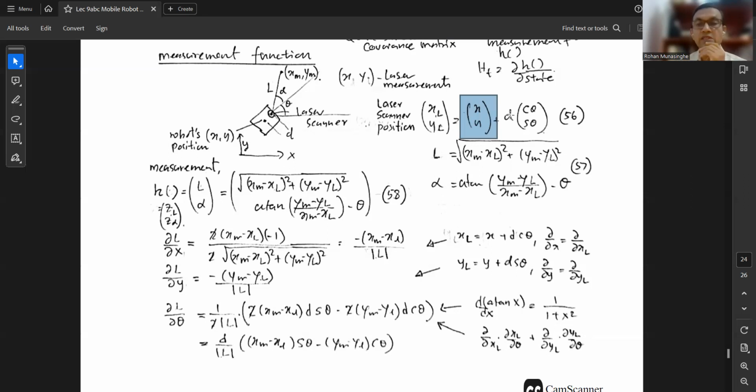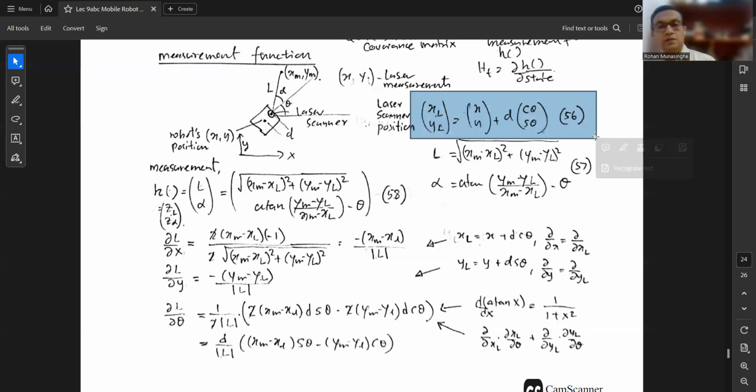And that distance is D. So when the robot's heading is theta, you can calculate the XY coordinates of the laser scanner using equation 56. Okay. This is the position of the laser scanner. And it's a function of the position of the robot itself. Okay.